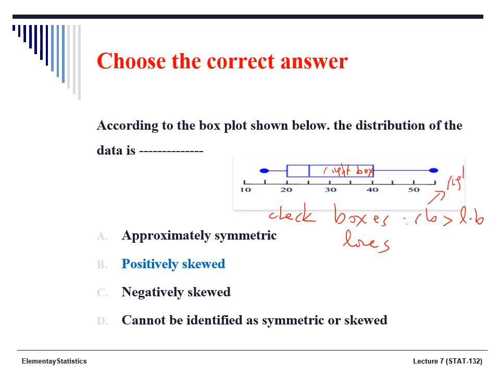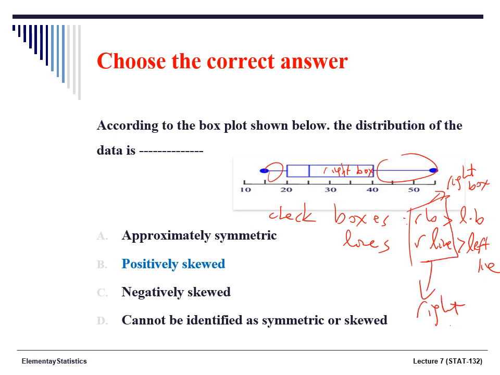And then here, the right line is longer than the left line. So you see a right dominance here, so it will be right skewed. If they are both bigger than the left part, we say it's right skewed. Right skewed means positively skewed.